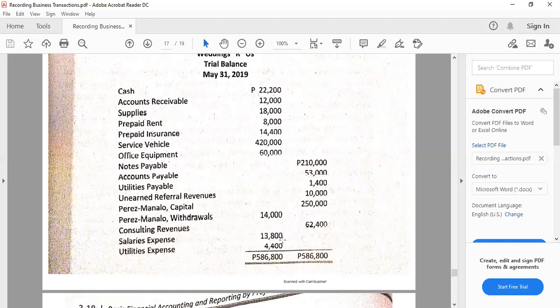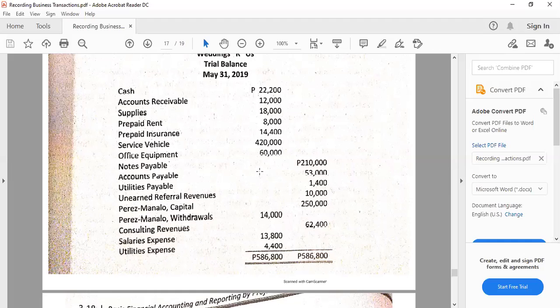So for sure, the debit side would not be equal to the credit side. Again, let's say we have just inputted on the calculator 440 pesos. Now, what if, let's say, after we have reviewed, still we're not balanced? So what do we do? Probably it's because of the figures that are written here or the balances.